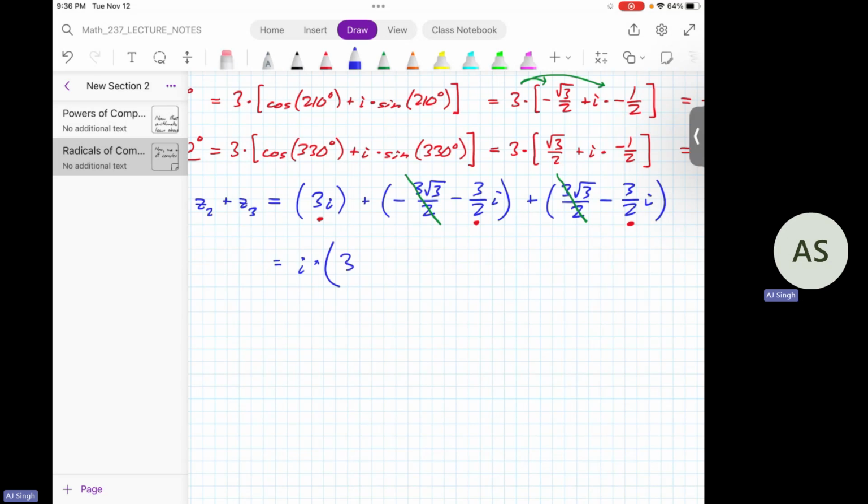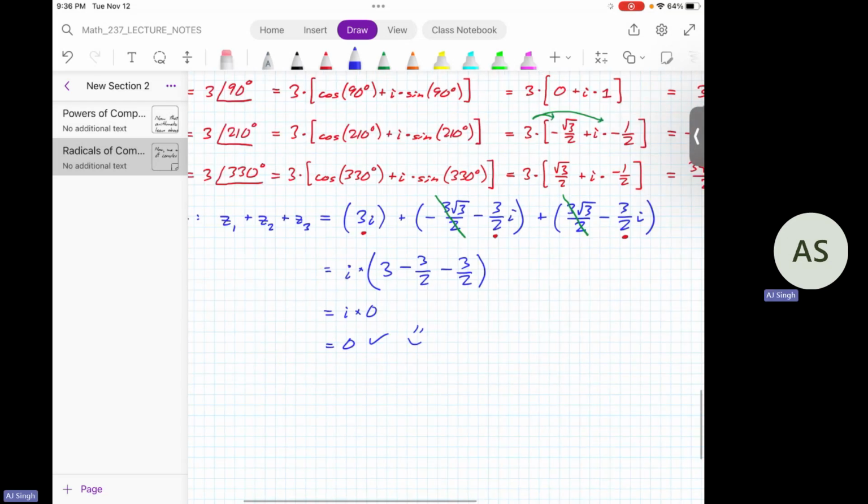So then I'll have 3 minus 3 over 2 minus 3 over 2. You can use a calculator if you want. That's going to turn into 0. So sure enough, we are happy campers because we got the right answer. So that's how you check.